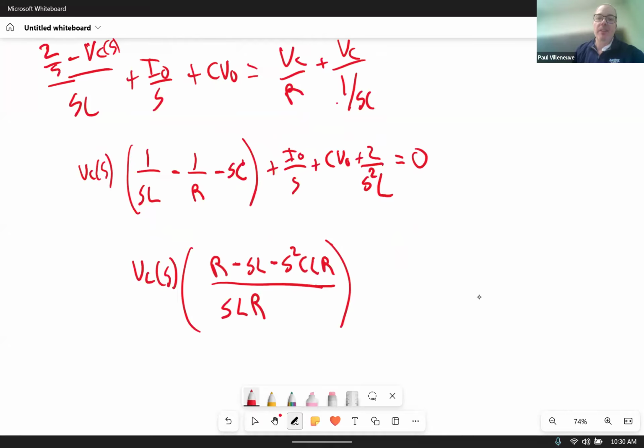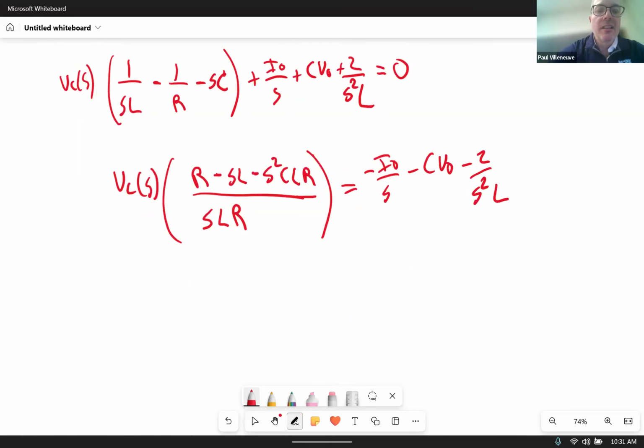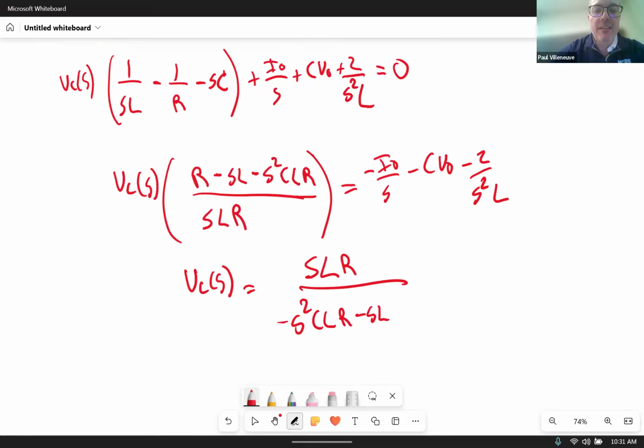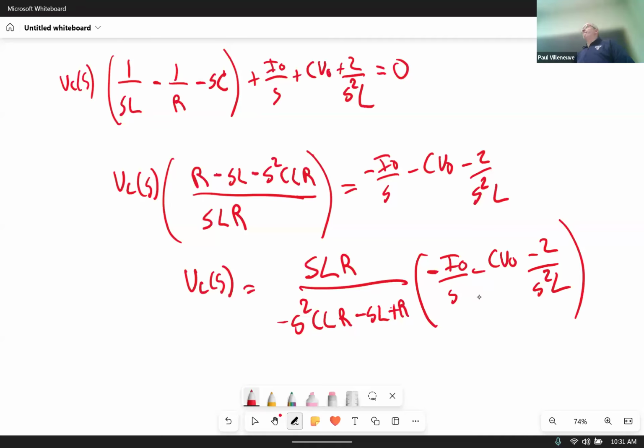Those are all those putting under a common denominator. That's going to equal negative I out over S minus CV naught minus 2 over S squared times L. So VC of S is going to be equal to SL times R, negative S squared CLR minus S times L plus R, all multiplied by that.